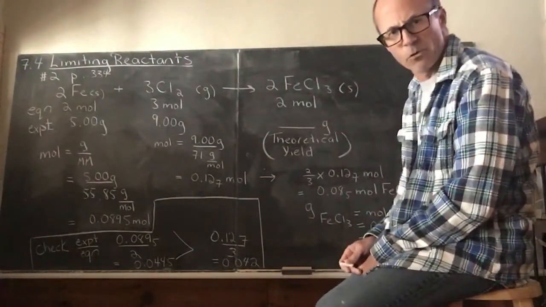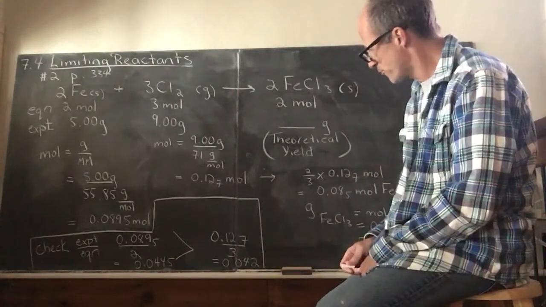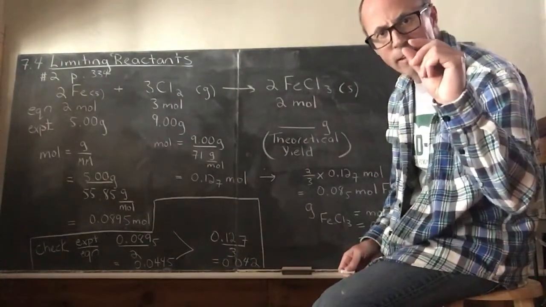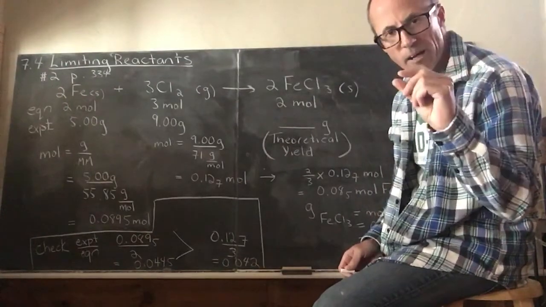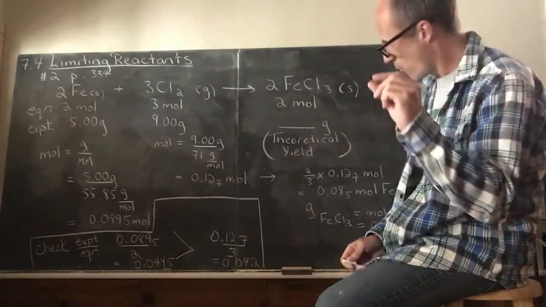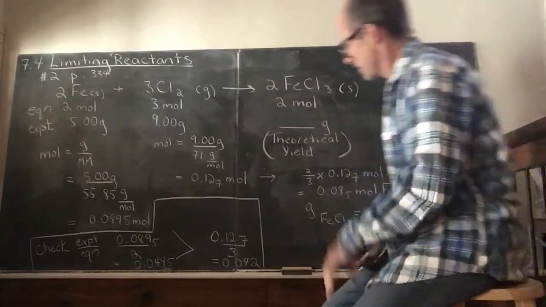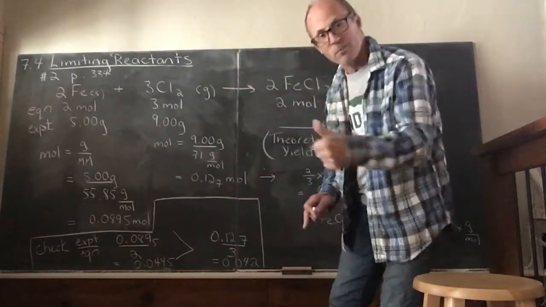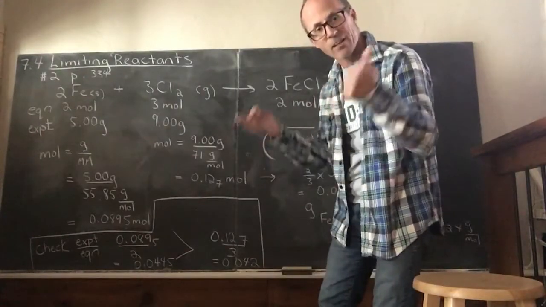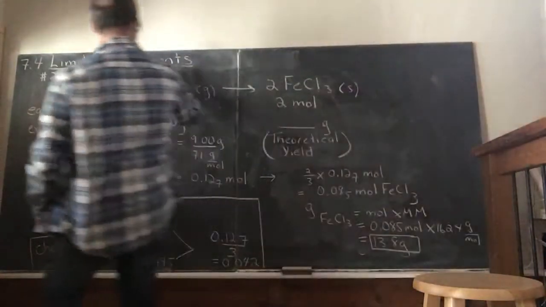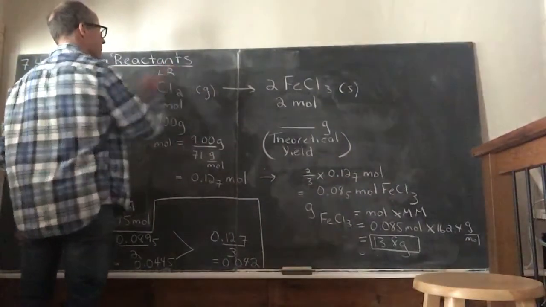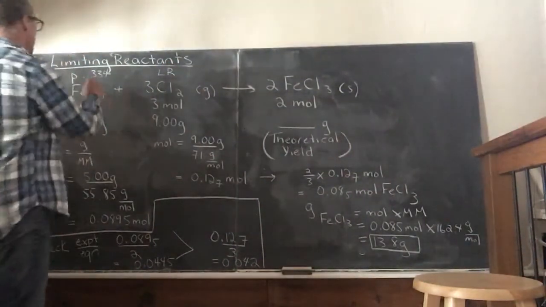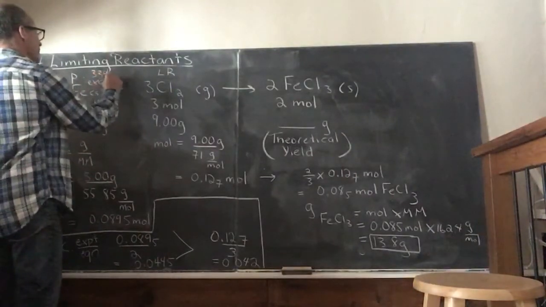When you look at it closely, the decimal 0.042 underneath the chlorine is just a little bit smaller than what we got for the iron. So, at the end of the day, we can decide that the chlorine is the limiting reactant and the iron is in excess. So I'm going to put that right above. There's our LR, or limiting reactant, above our chlorine, and the iron is in excess.